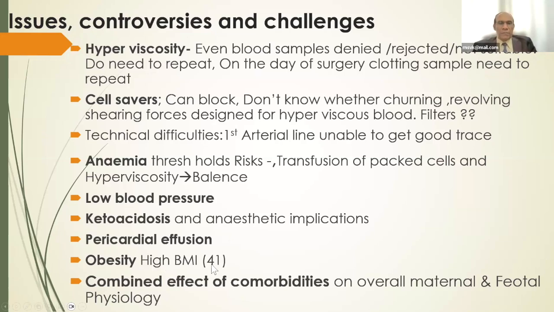With obesity, BMI 41, a patient with a high BMI, some mild pericardial effusion, ketoacidosis, low blood pressure, and a spinal anesthetic, when she lies flat, there is aortocaval compression, which reduces the cardiac output by 40%. And what are the effects on maternal and fetal physiology, maternal fetal perfusion? So these are all the challenging issues.